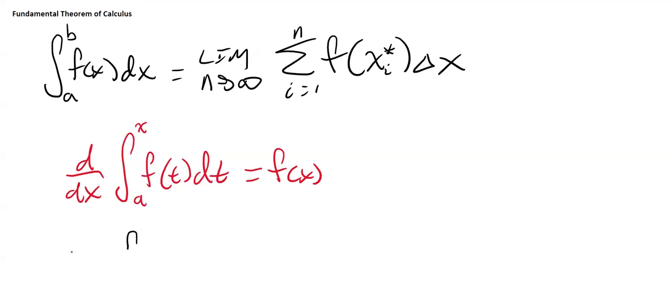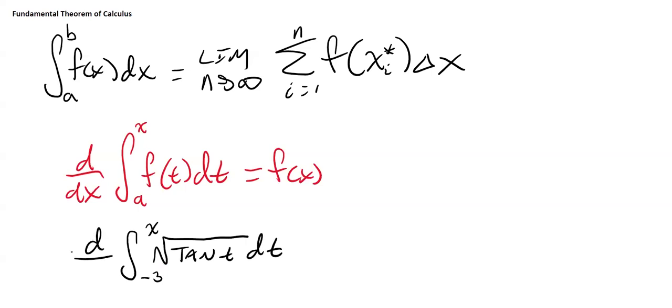So for example, we have the integral from -3 to x of the square root of the tangent of t dt. And we take the derivative with respect to x. We're going to get the function in here. So this is the function here, that is our f of t.